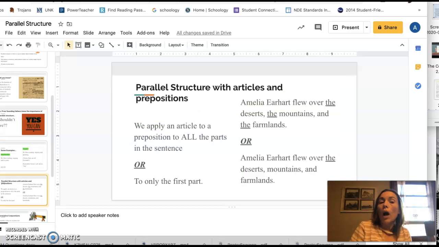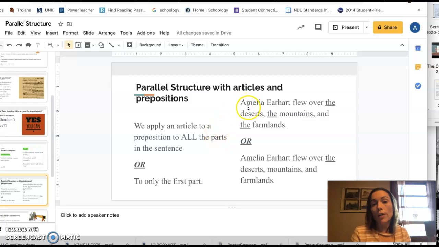Okay. I use parallel structure not only with verbs, but also with articles and prepositions. So we apply an article to either all of the prepositional phrases or to all the parts of the phrase, or to just the first part.